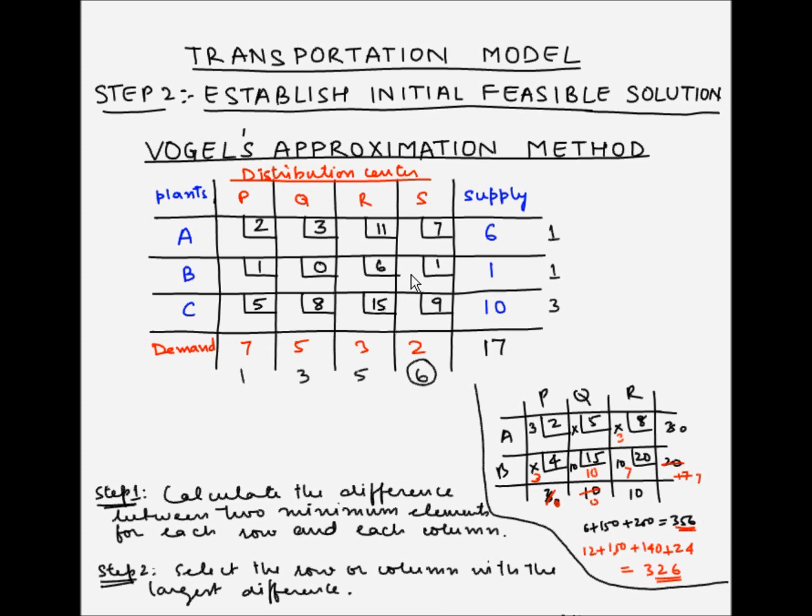So we'll allocate 1 here. Now what this means is that the demand at S reduces by 1 unit, so this remains as 1, and the supply at B also reduces by 1 unit, so this becomes 0. So with this we have completed step number 3.